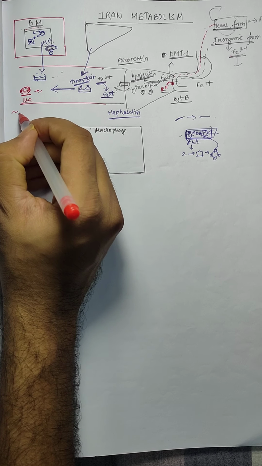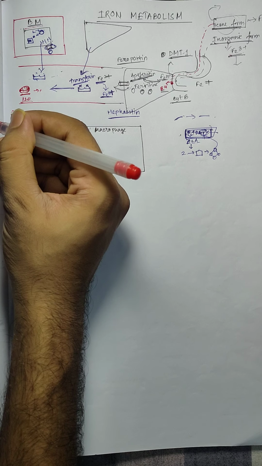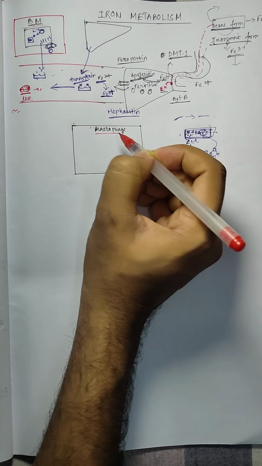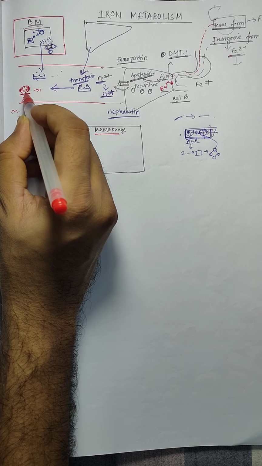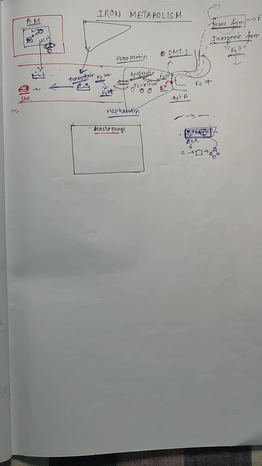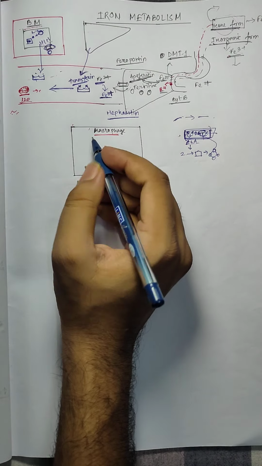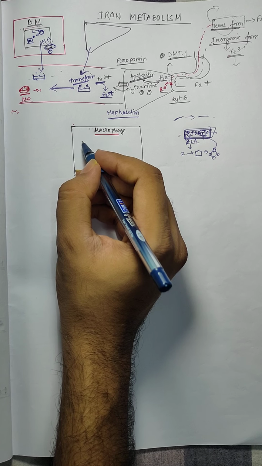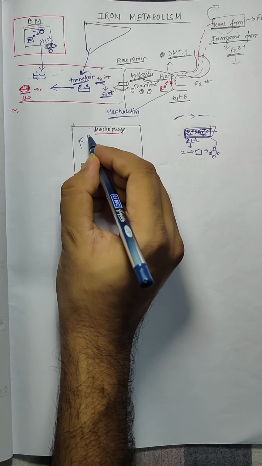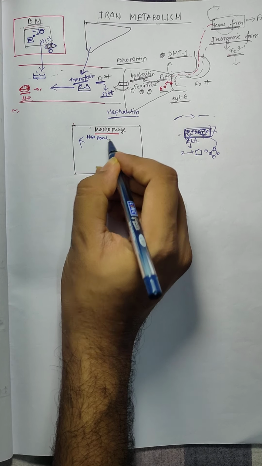So in the small vessels of the spleen they get stuck there, and in the spleen macrophages come, and this macrophage causes the phagocytosis of the RBC. So within the macrophage, the RBC is finally phagocytosed and its different parts are separated, like hemoglobin is separated, the heme part and the globin part.